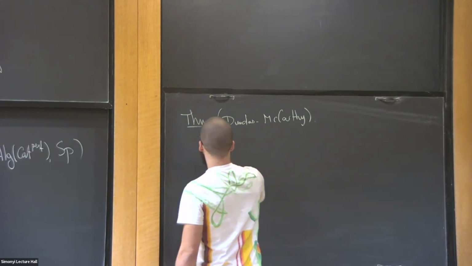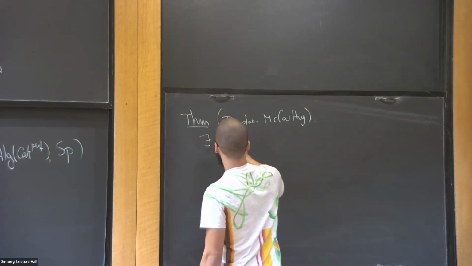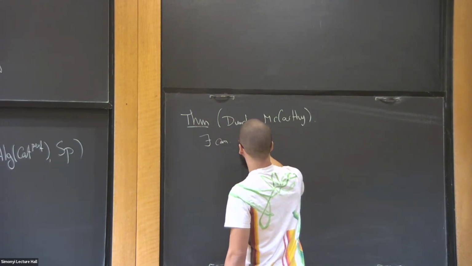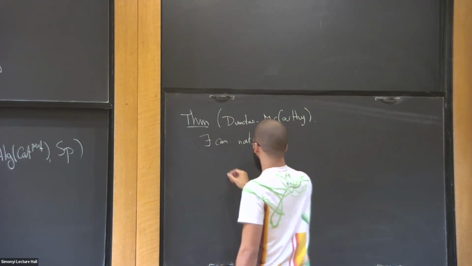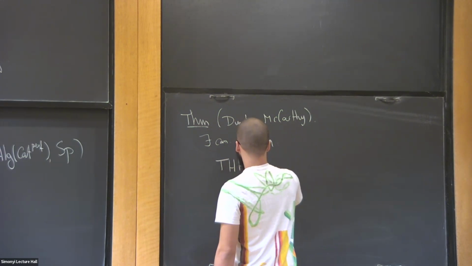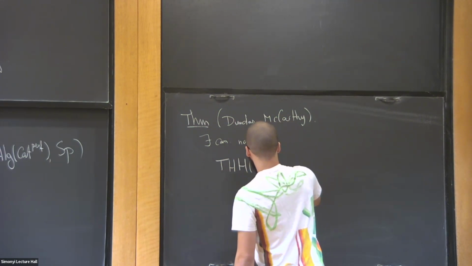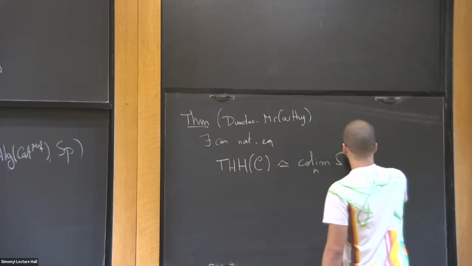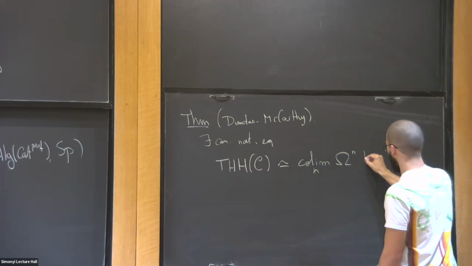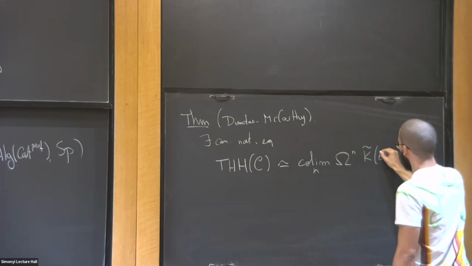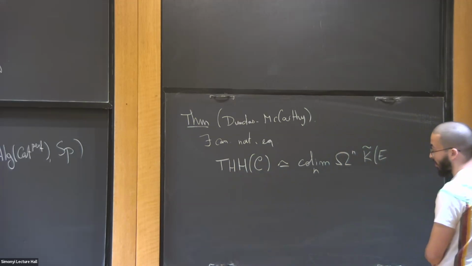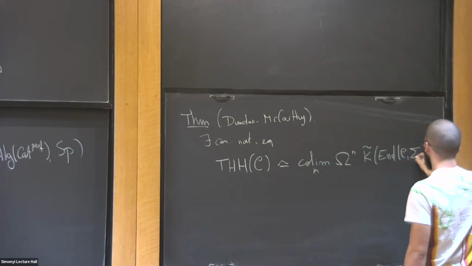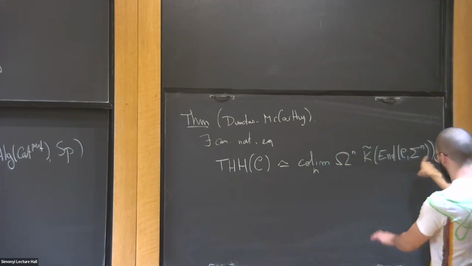There's an equivalence, which is certainly natural and also canonical, of THH, expressing THH of a stable infinity category in terms of a bunch of reduced K theories of these twisted endomorphism categories.